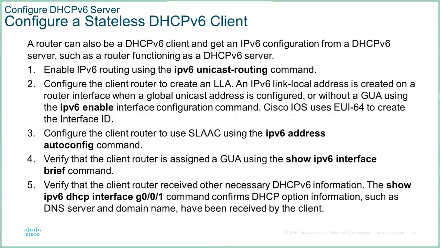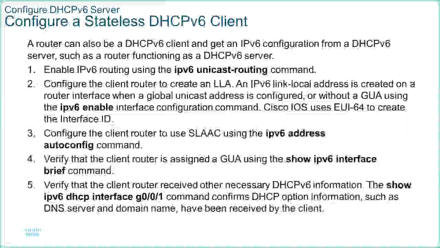For the unicast stateless configuration, we enable IPv6 unicast routing, and IPv6 link-local addresses will be created on all interfaces as they are turned on. So we enable them with IPv6 enable on the interface, and the Cisco operating system uses the EUI-64 method to create a unique address scheme.